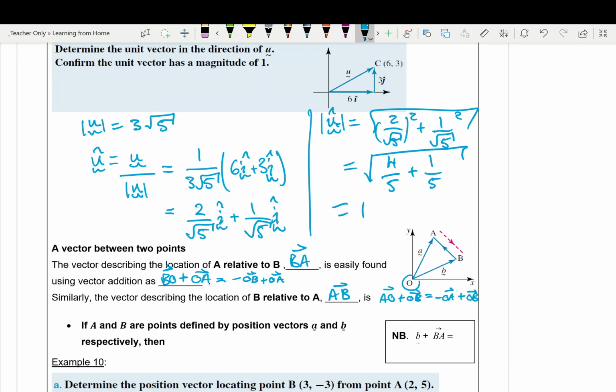So if A and B are points defined by position vectors A and B respectively, then B to A is going to equal negative O to B, which is negative B, and then we're going to add on A there. So we can see that B plus B to A is another way to write the vector A. So that's just adding the vector B to both sides.